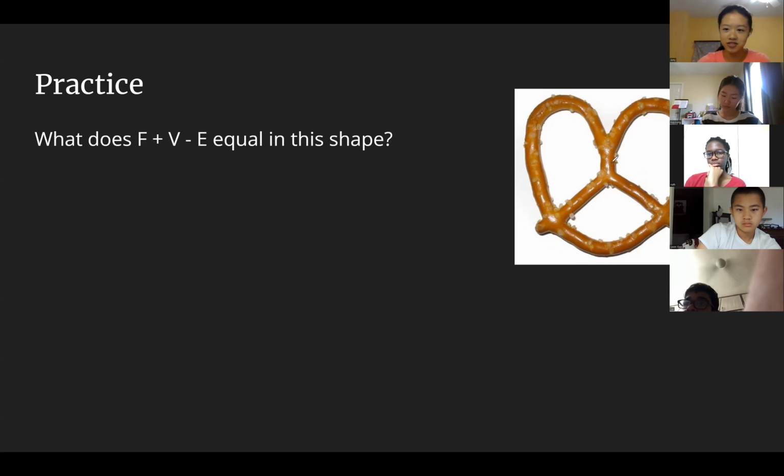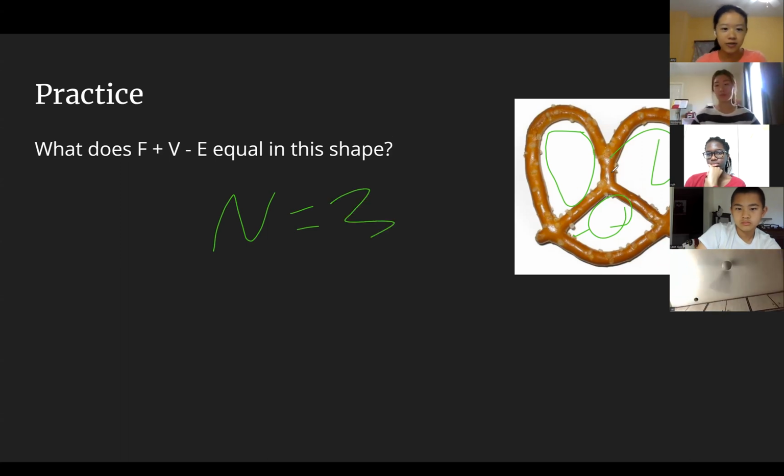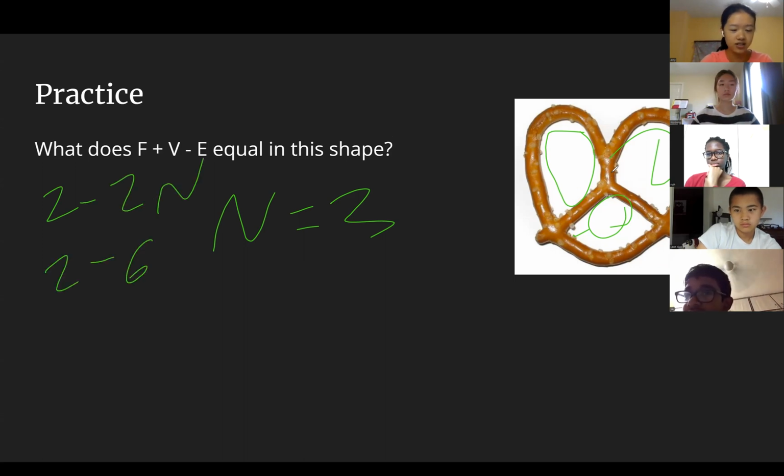It has 1, 2, 3 holes, which means that n equals 3. And for n equals 3, the characteristic would be 2 minus 2n. So 2 minus 6. So that would be -4. So f plus v minus e equals -4 in this case.